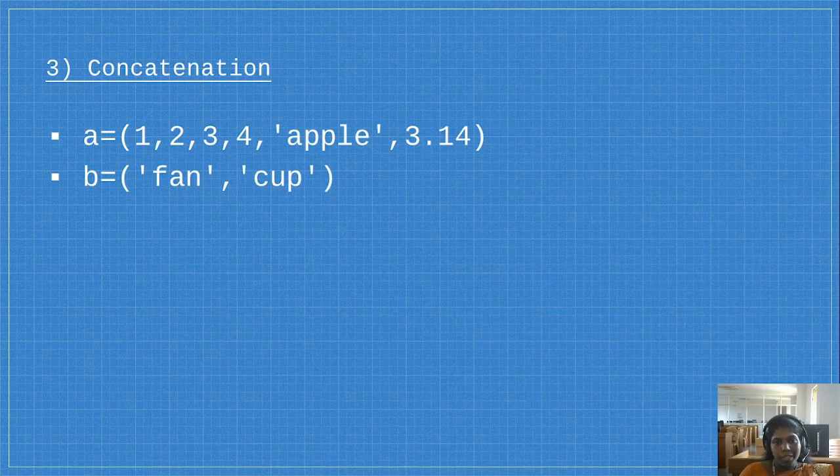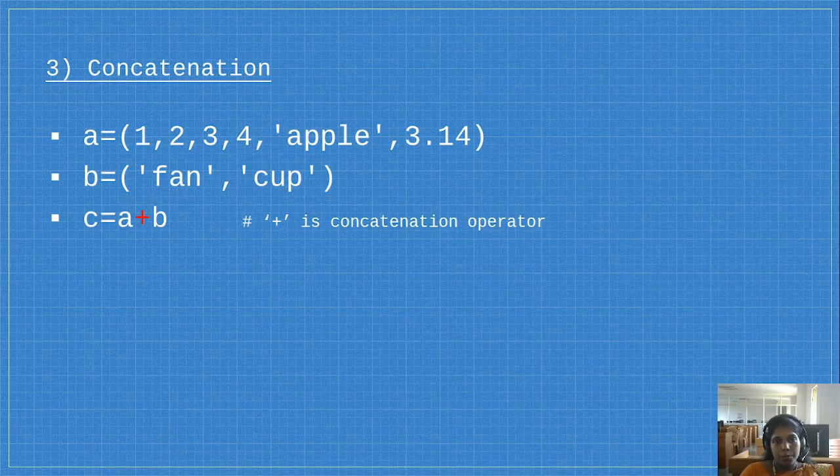Now I want to concatenate these tuples A and B to produce a new tuple. I can do it by simply using the concatenation operator, which is the addition symbol, plus. So if I write C equal to A plus B, it performs the concatenation.